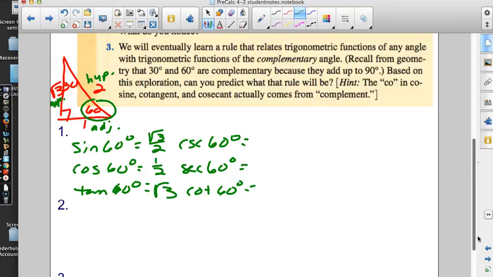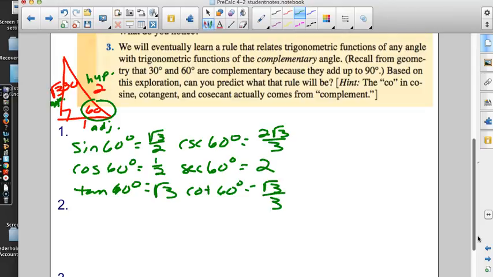So what's the cosecant? Louder, please. Cosecant, 2 square roots of 3 over 3. Secant, 2, cotangent, square root of 3 over 3.